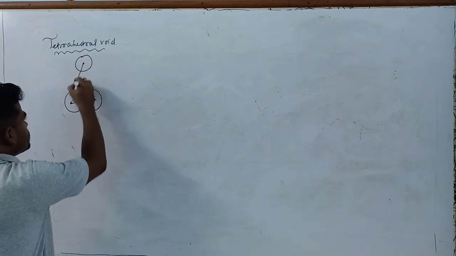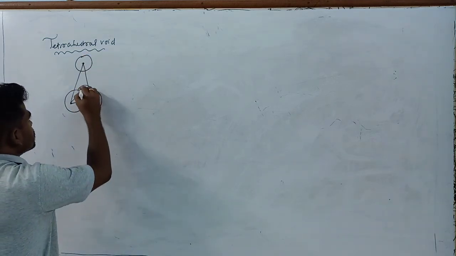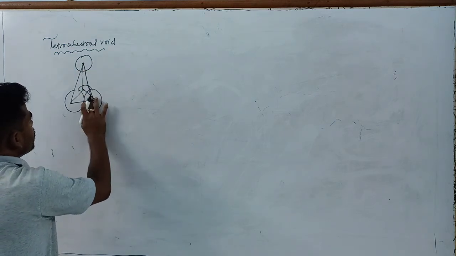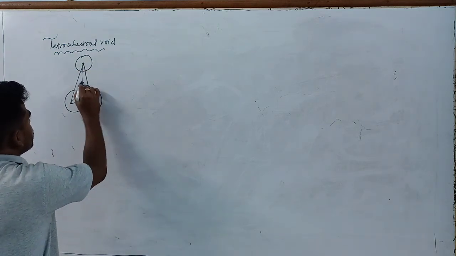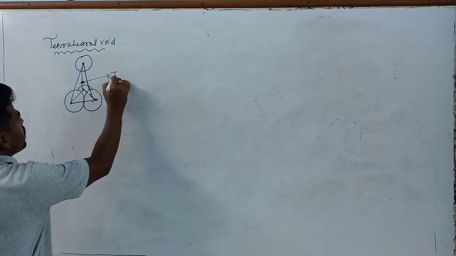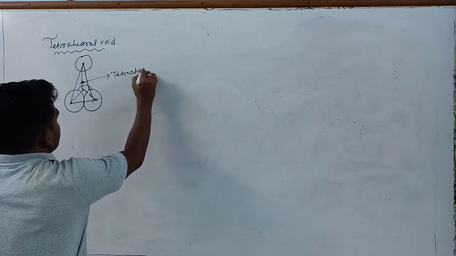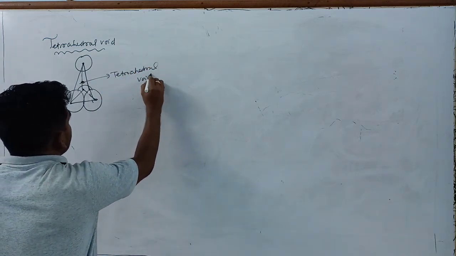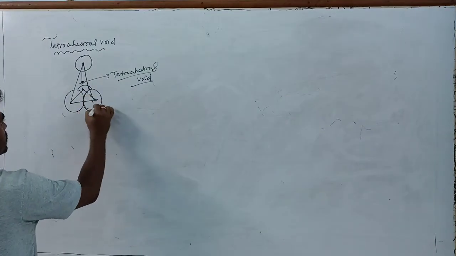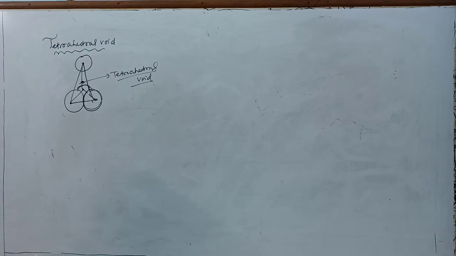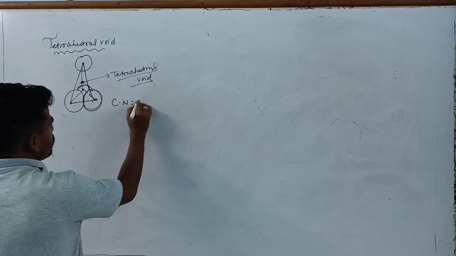You just connect these centers, so that will be a tetrahedral void. So here will be your tetrahedral void. Okay, so in tetrahedral void, 3 touching spheres are there, so its coordination number is equal to 4.